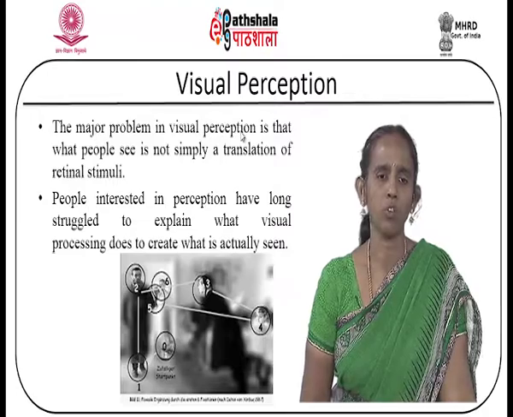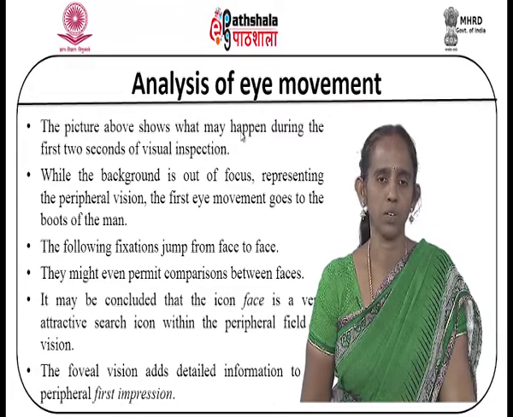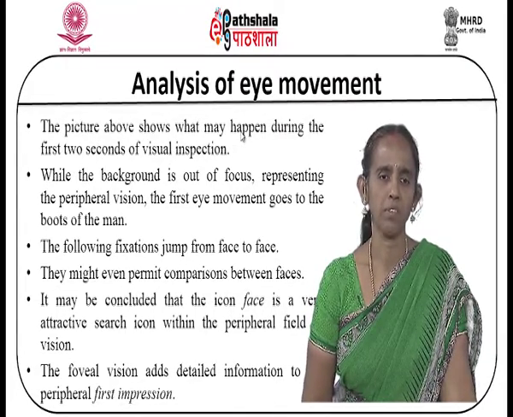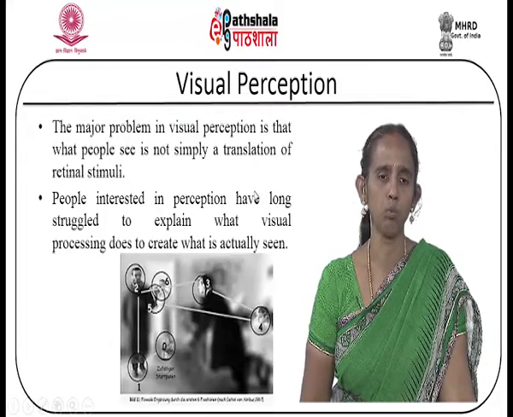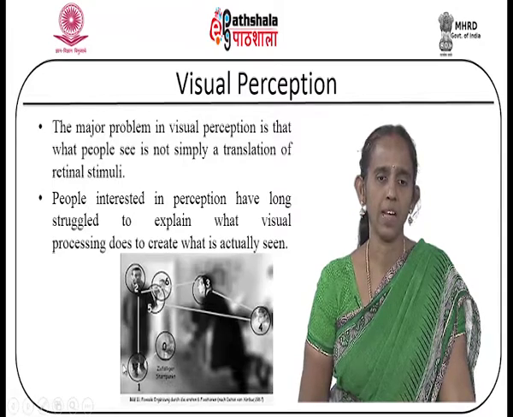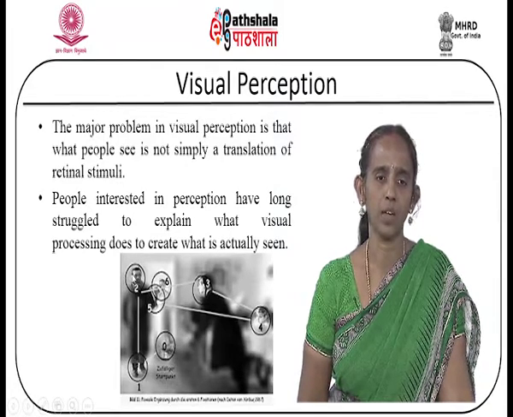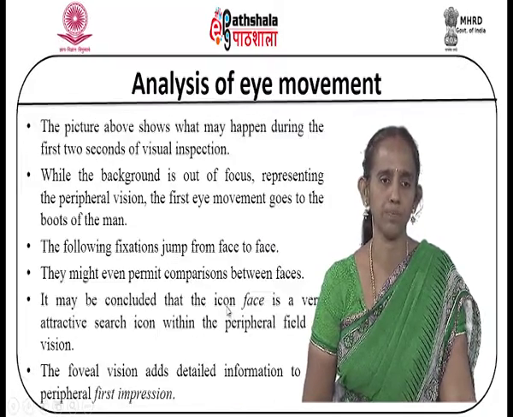While the background is out of focus for this picture, which represents peripheral vision, the first eye movement in that picture goes to the boots of that particular person. And the second, third and fourth eye movements jump from face to face of each person represented in this picture.